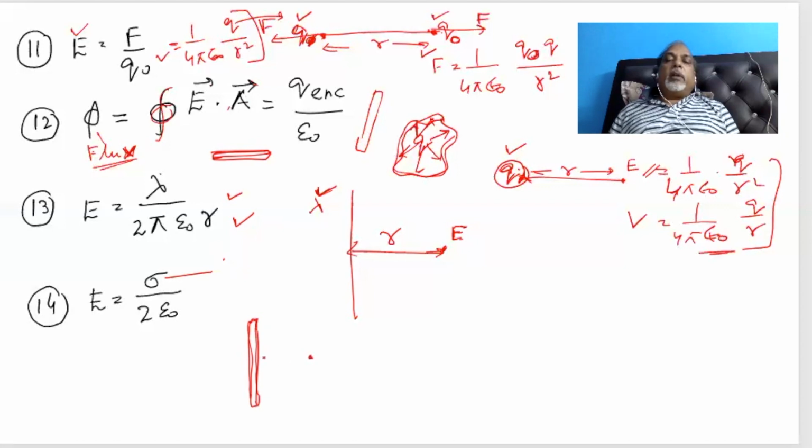The electric field at any point will be sigma upon 2 epsilon 0. It is independent of the distance, since it is a very long infinite plane sheet. These things we have already studied.